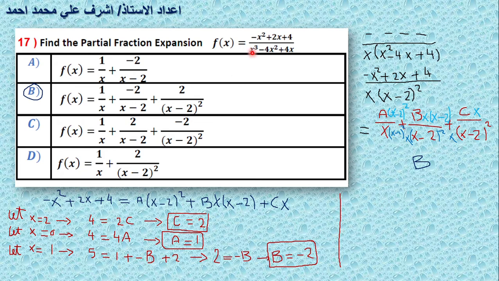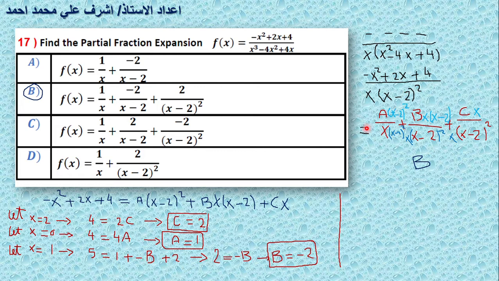Now we have x as a common factor, so inside we get x squared minus 4x plus 4. We will factorize this expression, and we will get x minus 2 squared because it's a complete square.